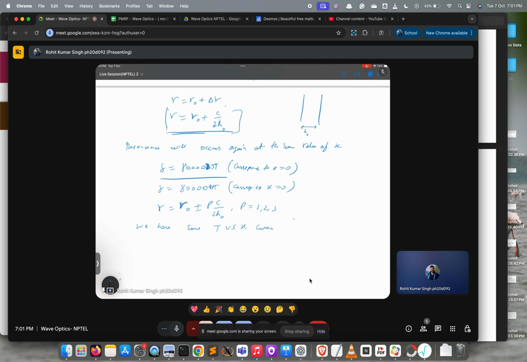Okay, so there will be overlapping of orders, and this quantity, this delta nu equal to c by 2h naught, is called the free spectral range.